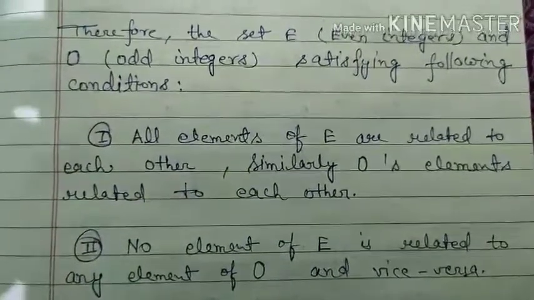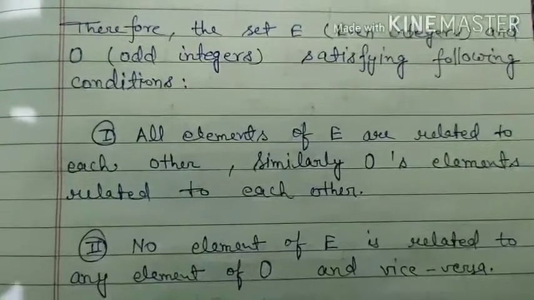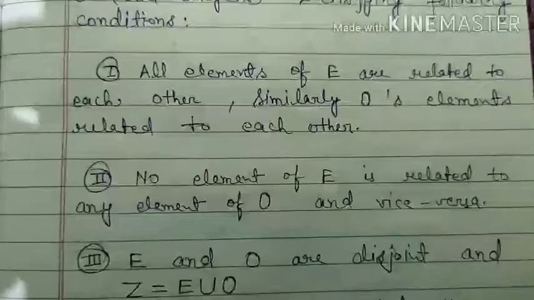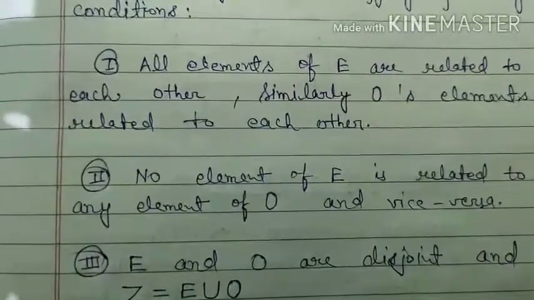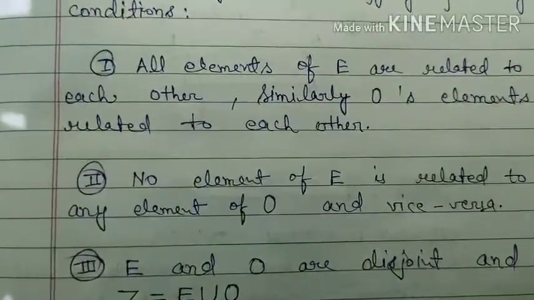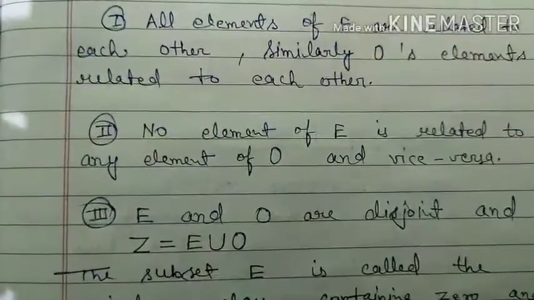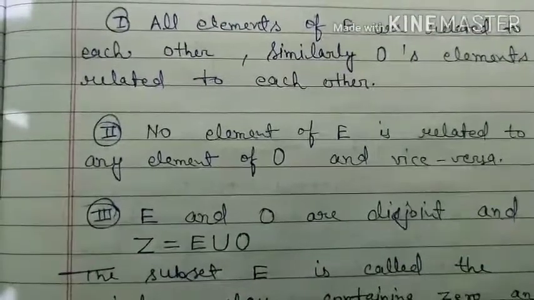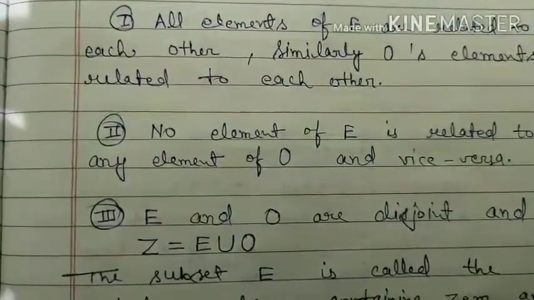Similarly, all elements of O are related to each other. Second, no element of E is related to any element of O and vice versa. Third, E and O are disjoint and Z is equal to E union O.